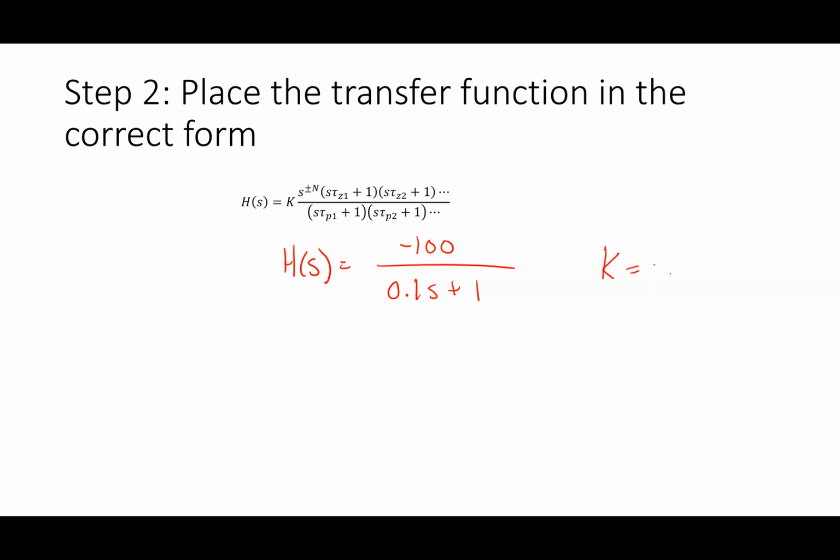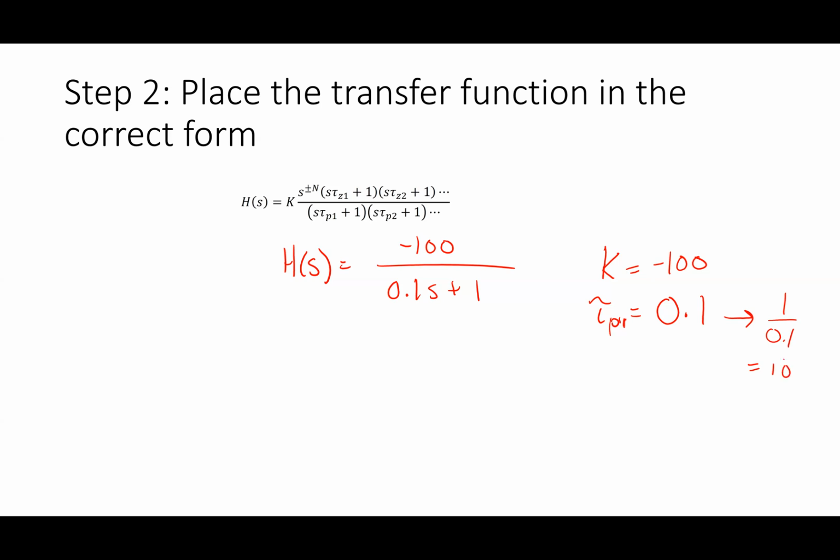K is negative 100. Okay. And I've got a tau P1. What's that? The first pole, what's my tau P1? Yeah, 0.1 or 10 to the negative 1, right? This guy corresponds to the breakpoint at 1 over 0.1 or 10.